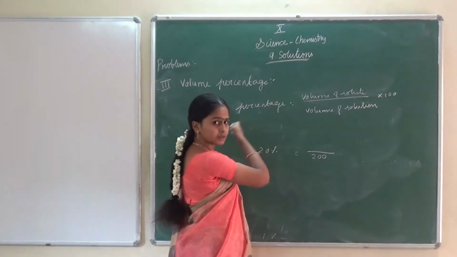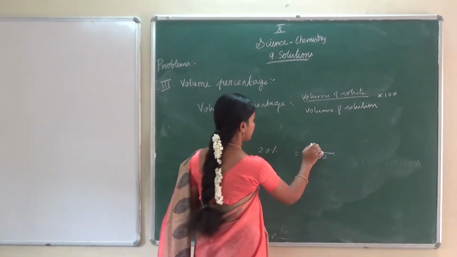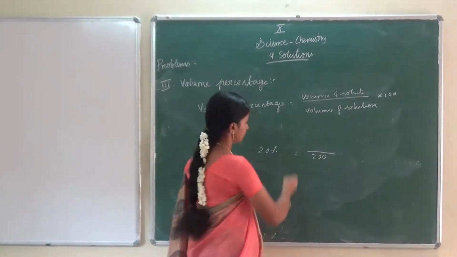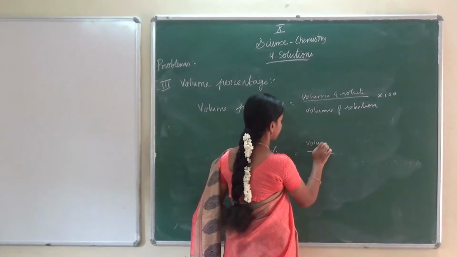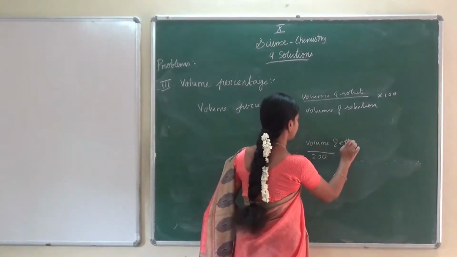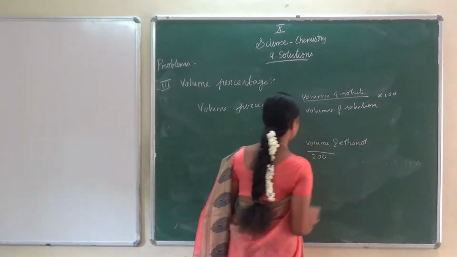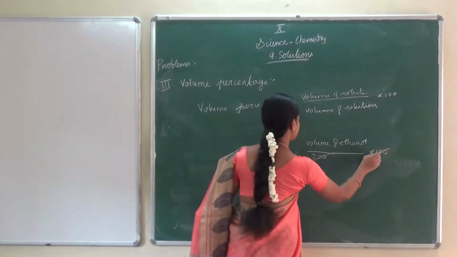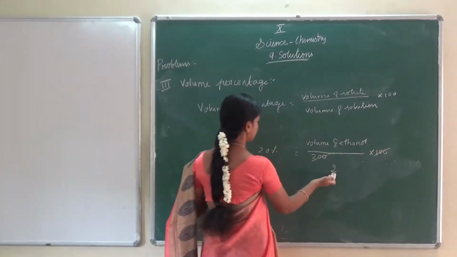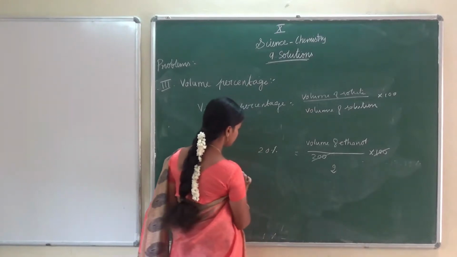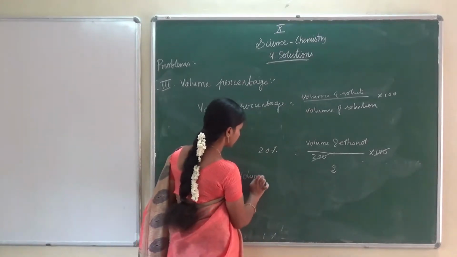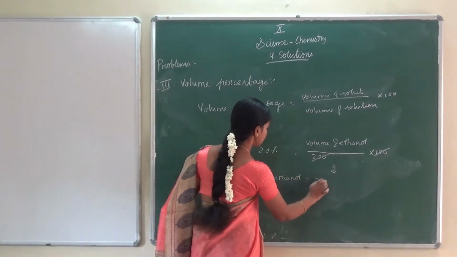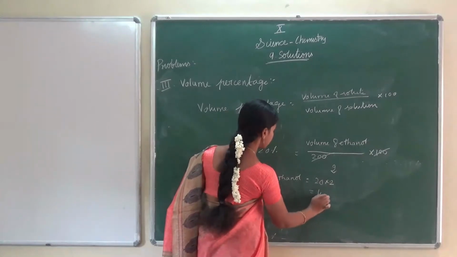It is volume percentage equals volume of solute, here the solute is ethanol, so volume of ethanol, we don't know, so keep it as it is, into 100. When you simplify it, you will get 2. Now when you cross multiply, you will get volume of ethanol is equal to 20 into 2, so you will get 40.